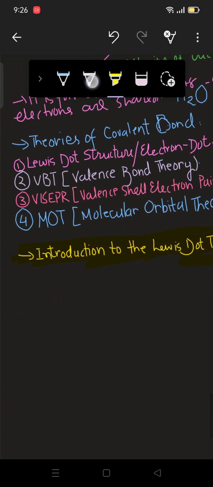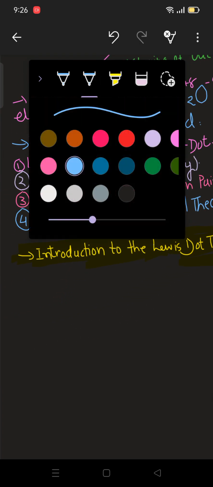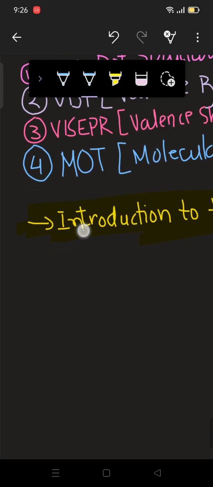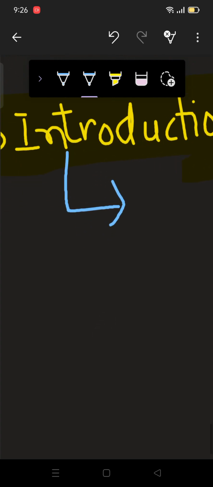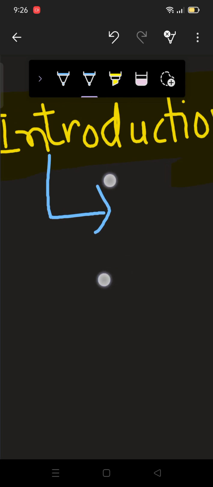Okay, so why do we use this theory? This theory is used to fulfill the octet rule. But initially, we need to understand that we need to select a central atom. All right, if we have HCl, what would be the central atom in it?